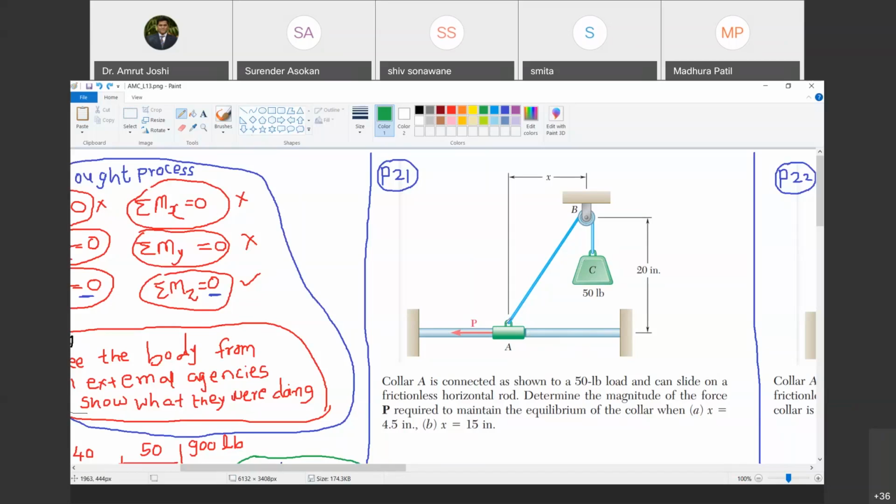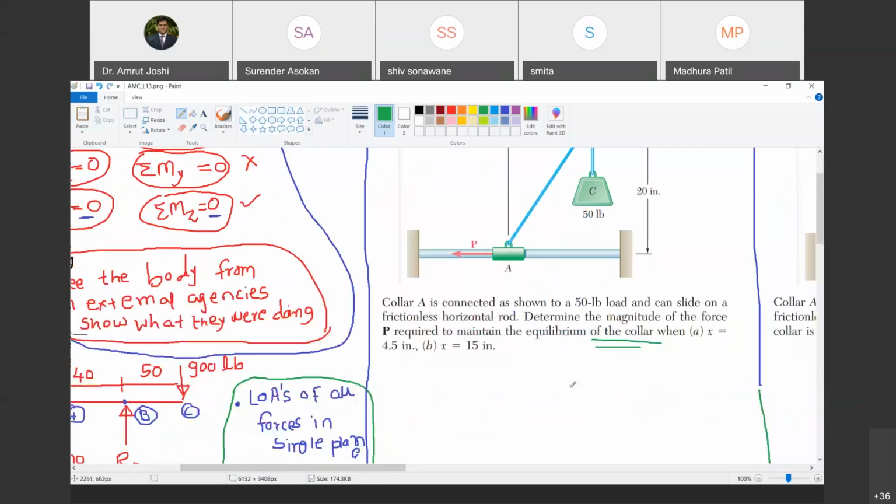That is the first point that I want to make. Are you with me? Yes, sir. So as we are talking about the P required to maintain equilibrium of a collar, this phrasing makes it absolutely clear that I have to draw the free body diagram of the collar. Are you with me? Yes, sir. चलो. So what all is external to the collar? वो बताओ.